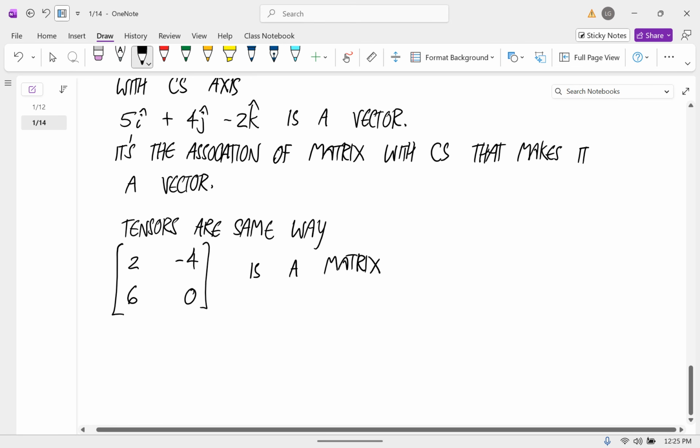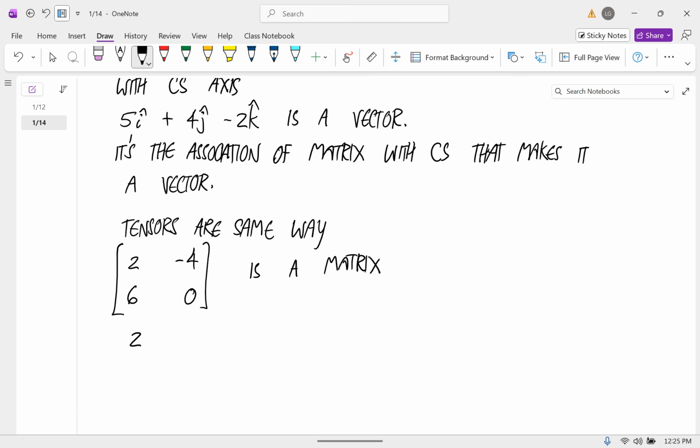We're not going to go into detail on what this stuff means, but 2 i tensor product i, minus 4 i tensor product j, plus 6 j tensor product i, plus 0, is a tensor.